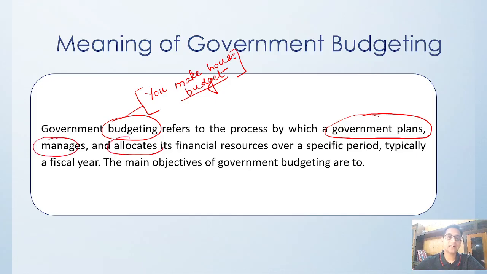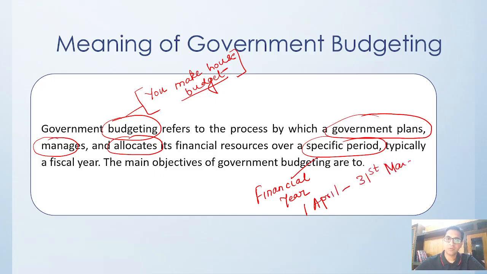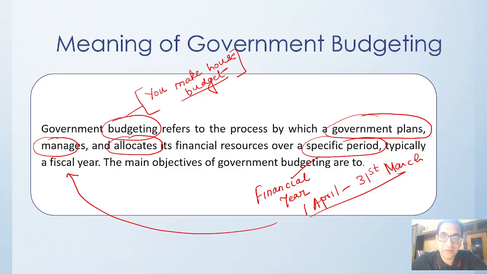Government allocates financial resources for a specific period of time, and that specific period every year is called a financial year. It goes from 1st April to 31st March, and that we call the fiscal year.